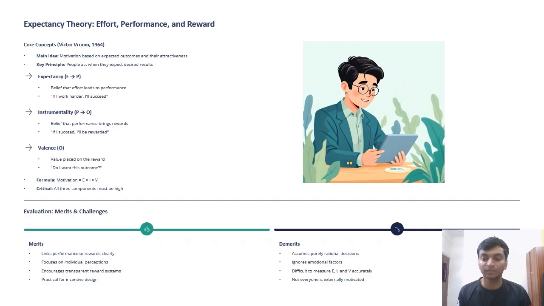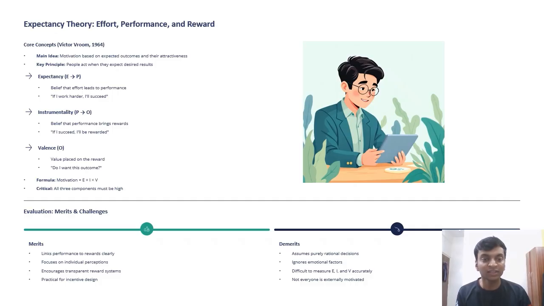For example, if I am tomorrow to join a company in the field of marketing, I will only be motivated to work harder and put in effort if I know that tomorrow there might be a change in my position from junior marketing executive to senior marketing executive. That is the outcome that would be on my mind.